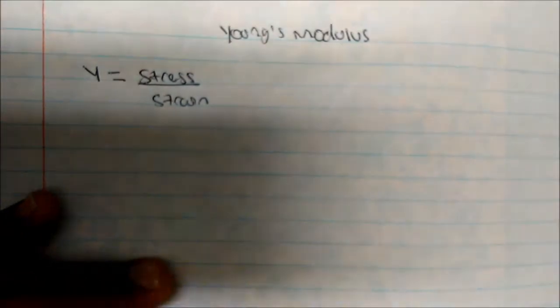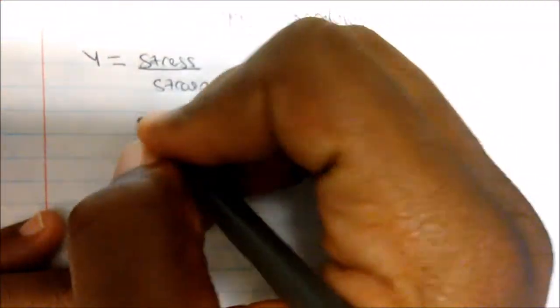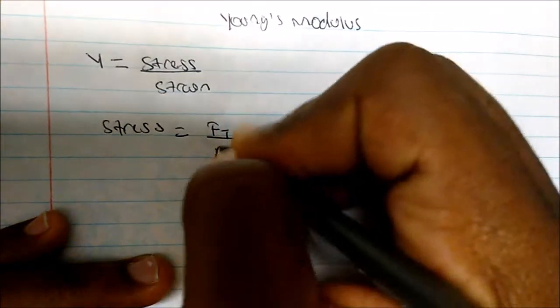How we represent this is the idea that the stress is going to be equal to the force of tension divided by A, and we're going to explain what that means.